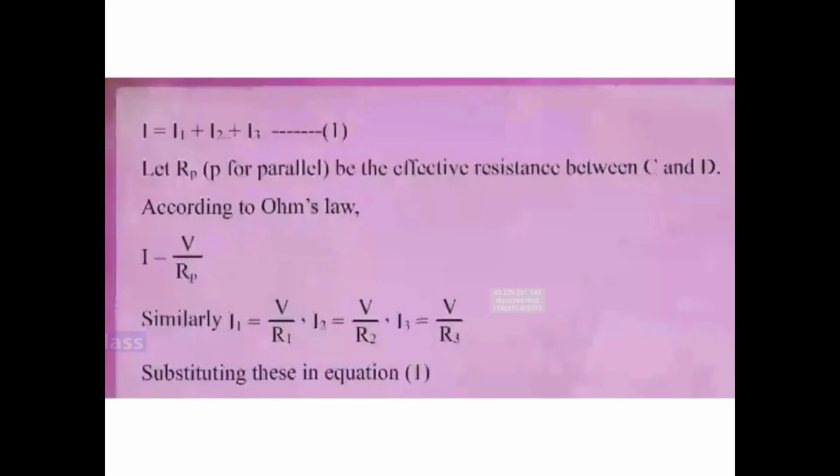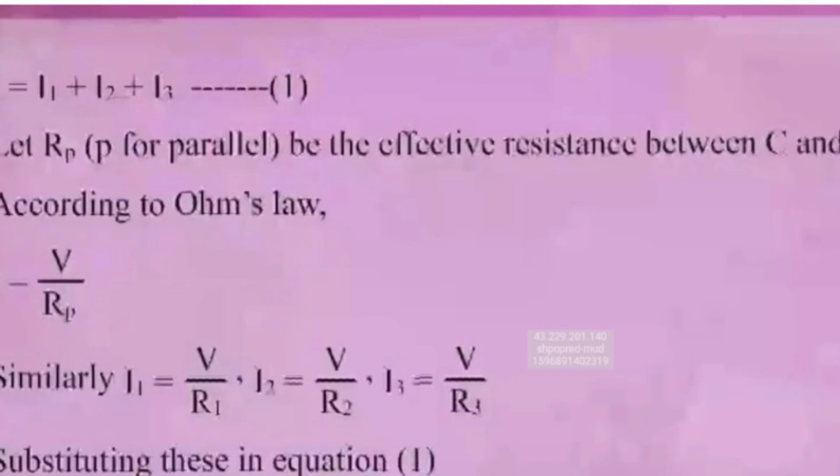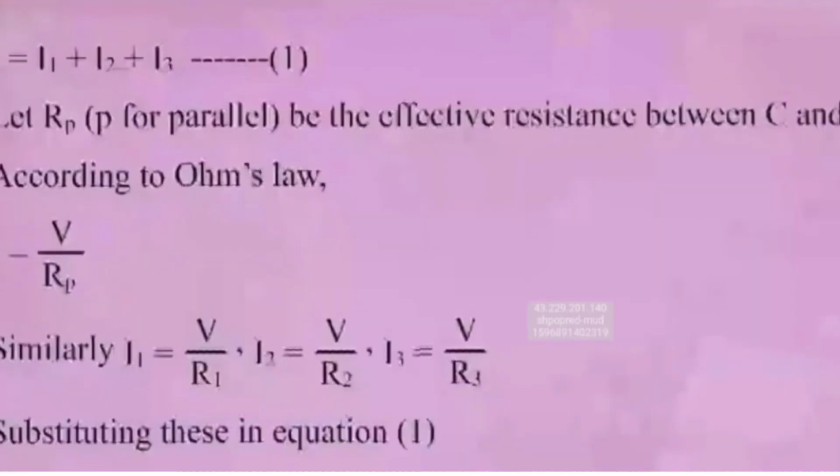So what we have mathematically is I equals I1 plus I2 plus I3, where Rp is the resistance in parallel, that is the effective resistance between C and D. So what do you have according to Ohm's law? Now children, here we have observed that I is equal to I1 plus I2 plus I3.